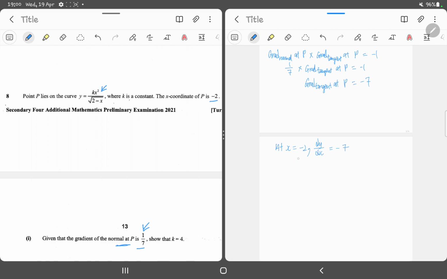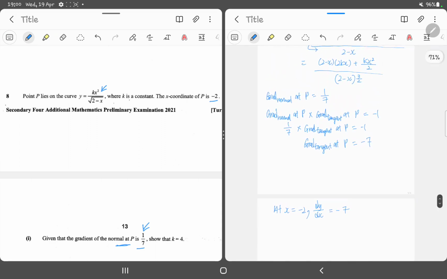So substituting this value of x into dy dx, into this expression over here, we get 2 minus minus 2, and 2k times 2, plus k over 2 times minus 2 whole thing squared.